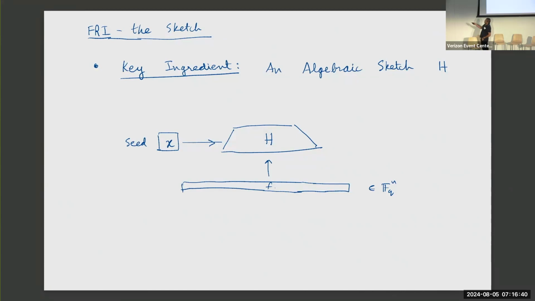It takes this function f over the finite field, which is supposed to be of low degree, and it takes a seed x, which is some extra randomness, and it puts them together and produces an f prime, which is of half the length. I'm writing this f prime as h_x of f. This is the algebraic sketch, and it has some properties that will enable the FRI protocol.